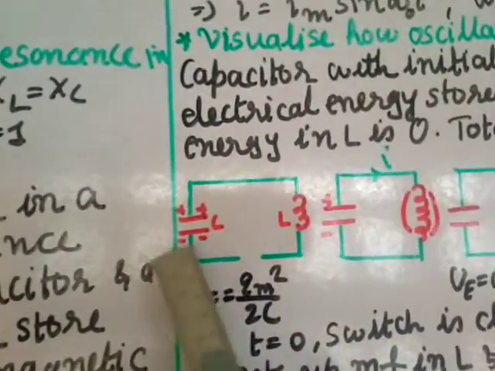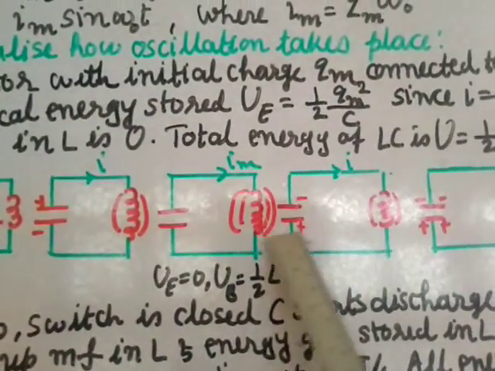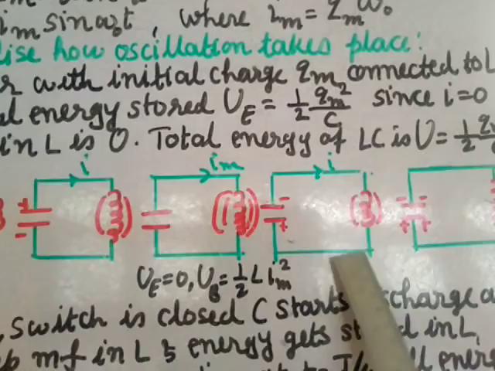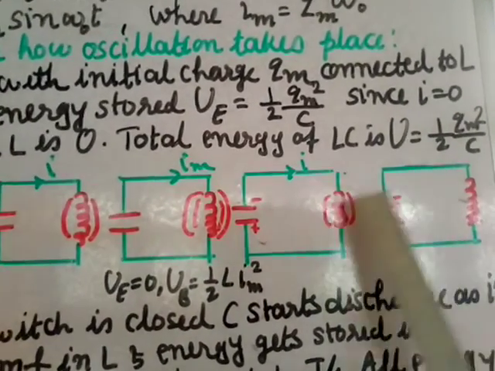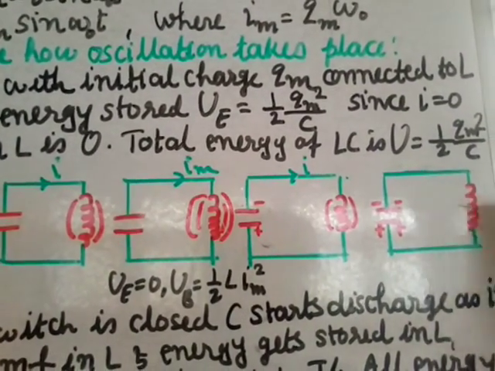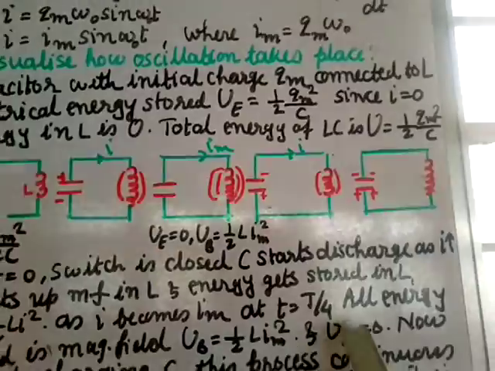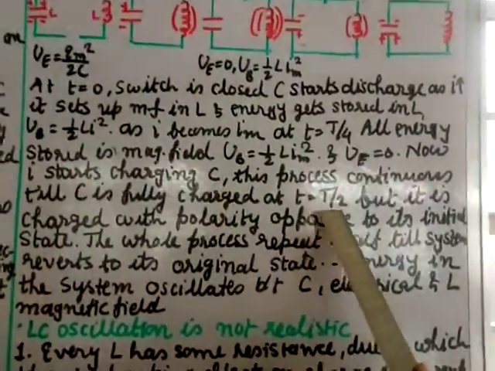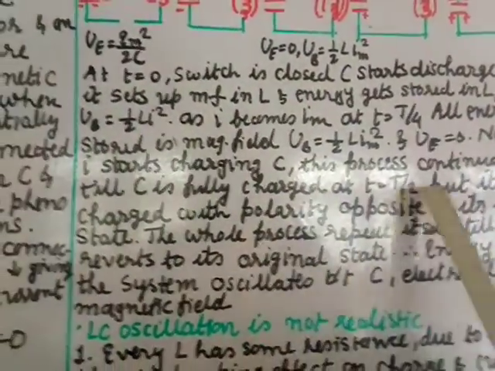Here it was negative, now this becomes positive. The capacitor is fully charged, energy is stored here and is 0 in the inductor, and this happens up to T/2, the time taken for a half cycle.